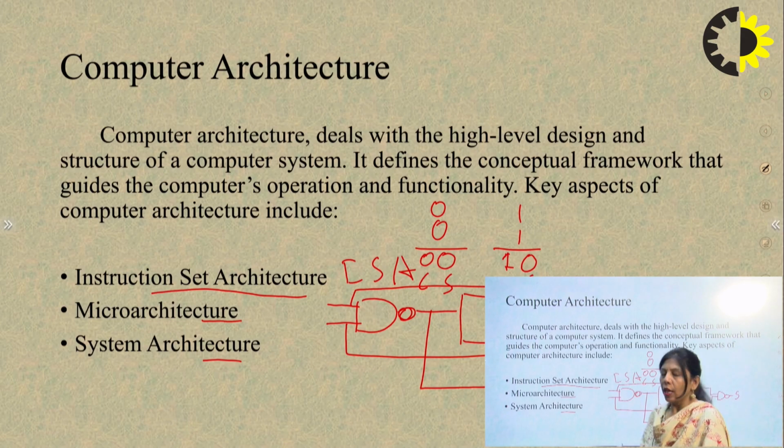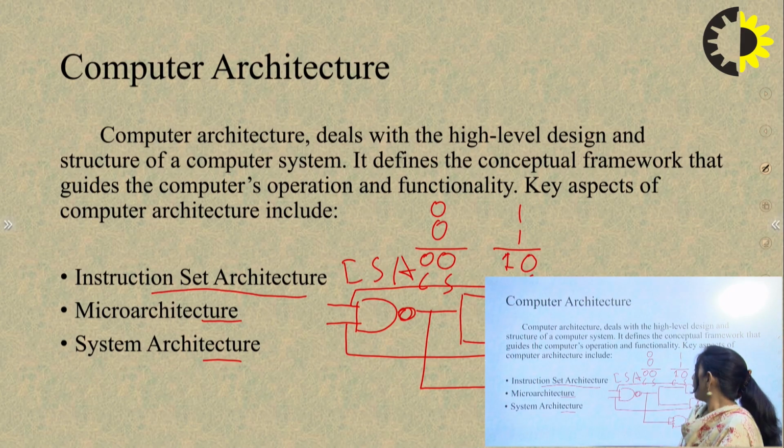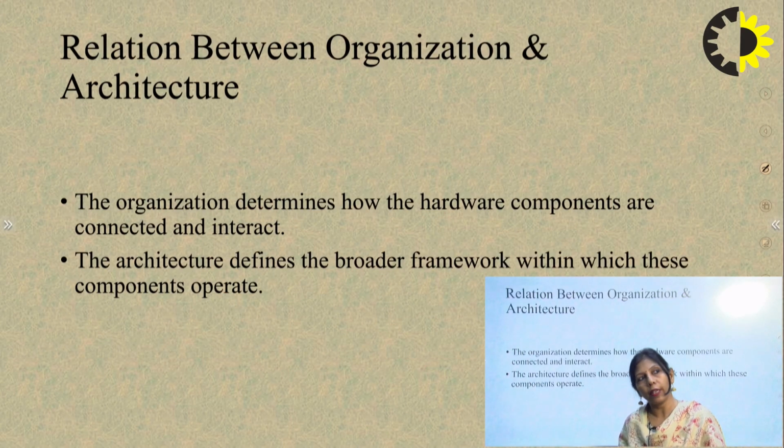So we see that our requirement was just to add 2 bits to get the sum and carry. Then by deciding that we will be using the universal NAND gates, we chose this, designing the half adder. So this was the part of the computer architecture.